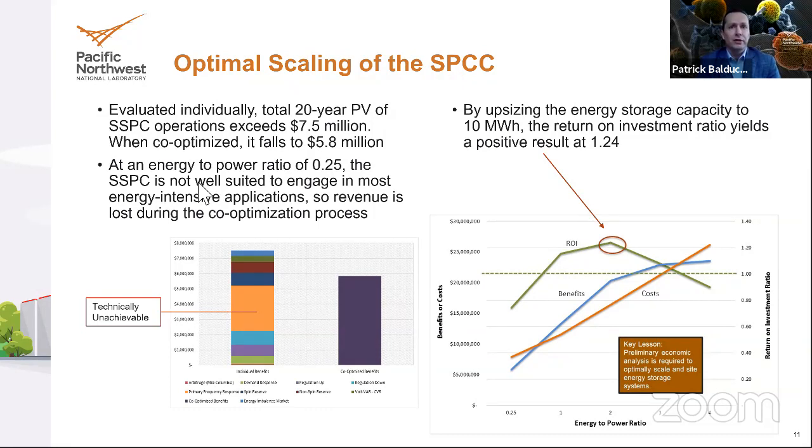So at 0.25, you yield a negative return on investment. And with a properly scaled system with an energy to power ratio of 2, you could potentially result in economic returns, a positive benefit of 1.24. So for every dollar invested in the system, you could yield $1.24 in return.